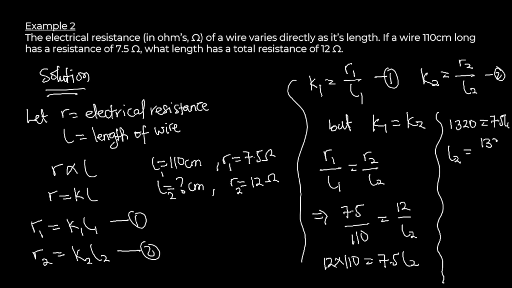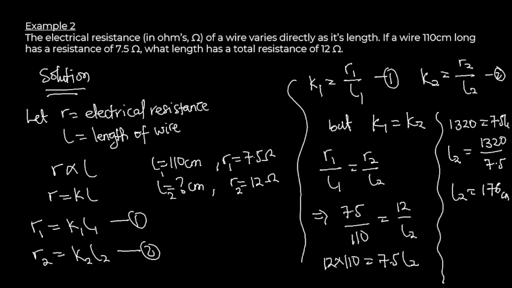So we have 1320 divided by 7.5, and that gives us a length of 176 centimeters. So it means a length of 176 centimeters of the wire will have a total resistance of 12 ohms.